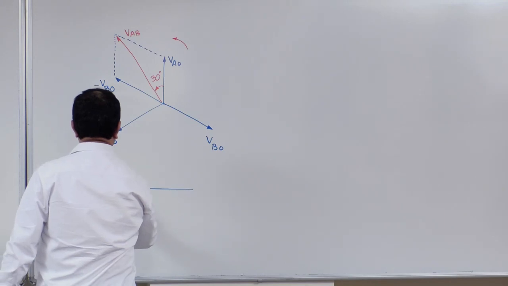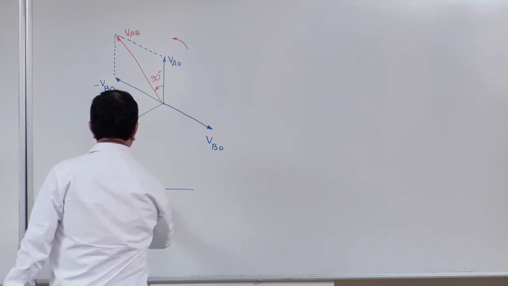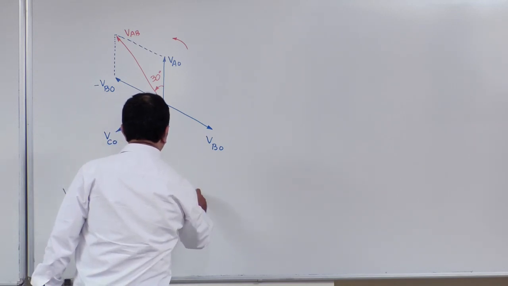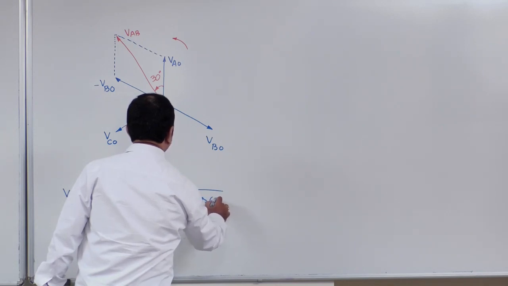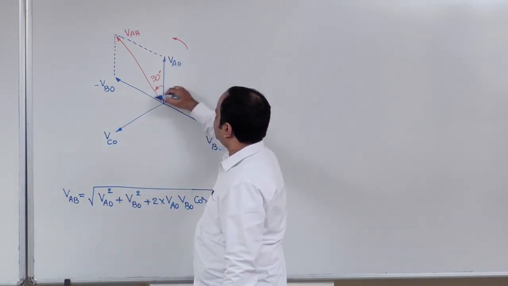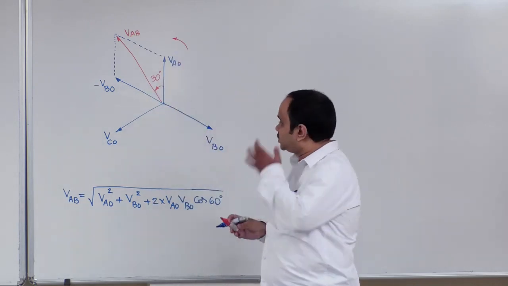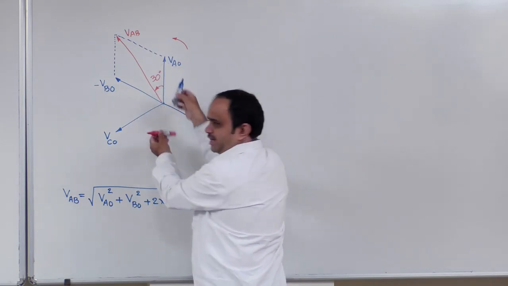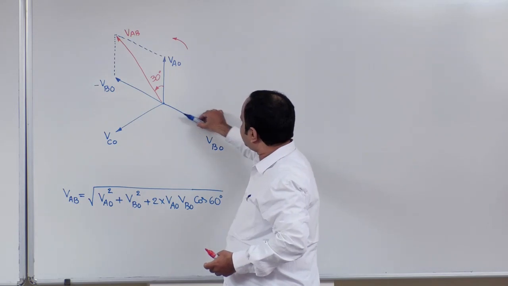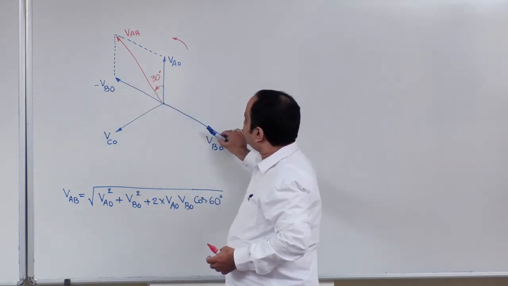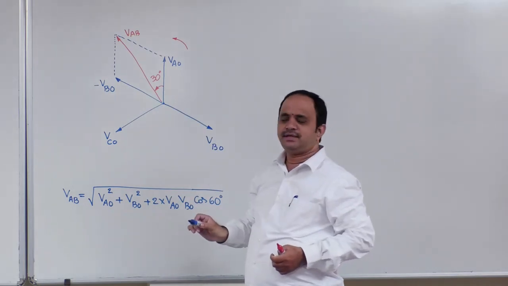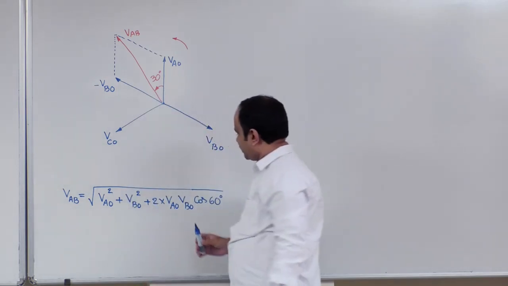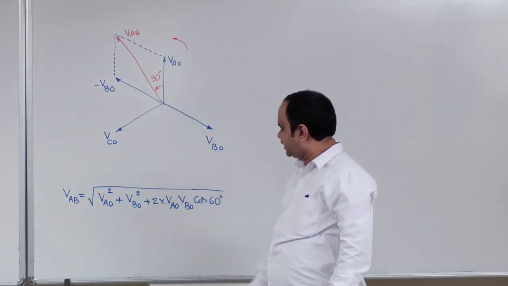VAB is equal to the square root of VAO square plus VBO square plus 2 into VAO into VBO into cos of the angle between these two phasors. If the overall angle between AO and CO is 120 degree, when you extend VBO by 180 degree, it will go in the middle of these two, right? Therefore, the angle between AO and this minus BO is 60 degree. So you can use that 60 degree here.